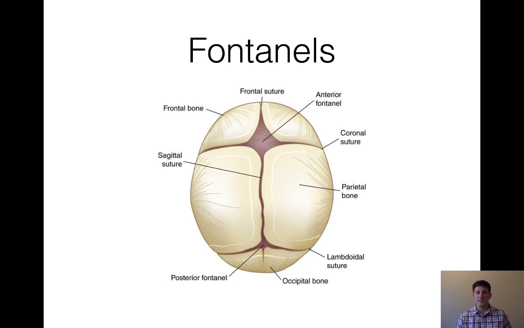Sometimes you'll see a child with a cone head because of that birth, but then eventually they'll move back into their right shape. After about a year, these membranes have fully ossified. Okay, and so this is just a nice application of where this intramembranous ossification is happening. So we're taking this membrane and developing flat bones out of that.